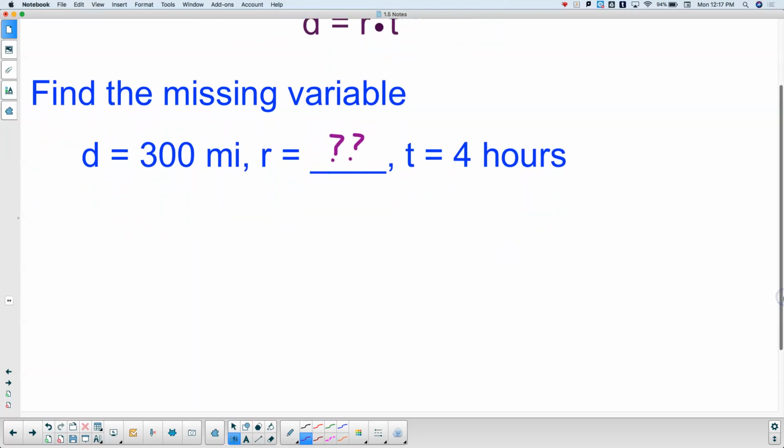So I start with D equals R times T. That's the formula that I start with. That's the formula that I'm given. D is 300.